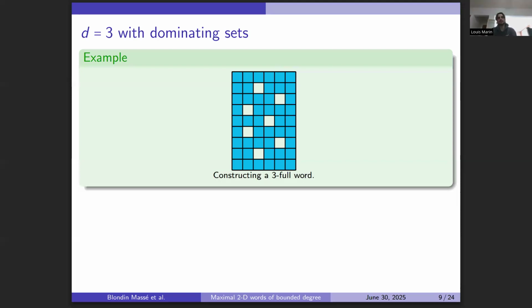For d equals 1, you could look at a third-degree dominating set, which means that you're either in the set or you touch at least three vertices in the set. This could be a way to construct a one-fold word. Basically it's a way to see that this problem can also be seen as a generalization of the dominating set problem.